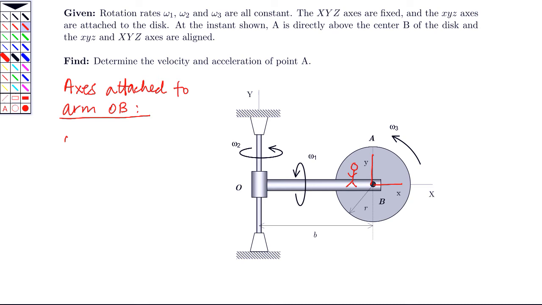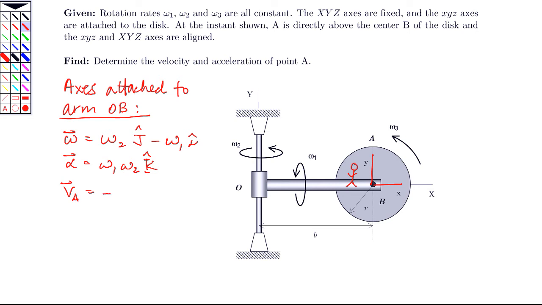Basically, omega turns out to be omega 2 in the capital J, and minus omega 1 in the little i, and we can write alpha after a bit of work. This just turns out to be omega 1 omega 2 in the capital K. And then from there we can go ahead and write the velocity of point A and the acceleration of point A. Velocity of point A turns out to be a couple of terms in the K direction that I'm going to collect in a second.